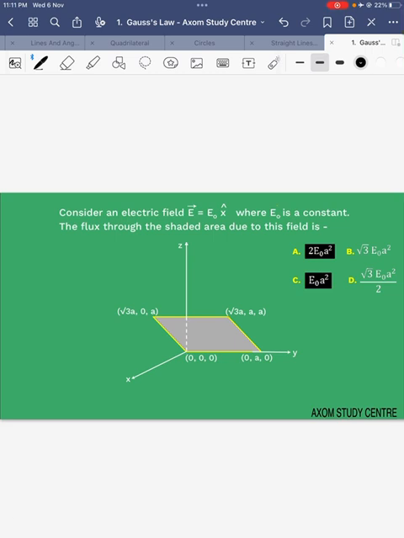In this portion, one component if you draw like this is given as 2a, this is 2a, this is a, and this is also a, so this is 2a. And this would be 3a.